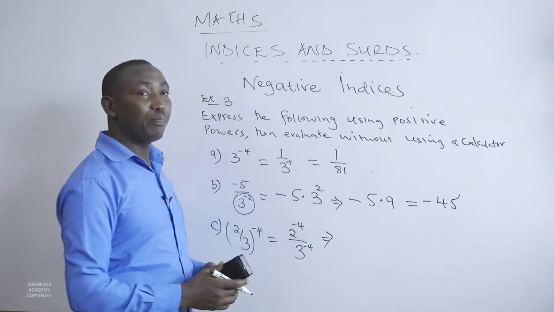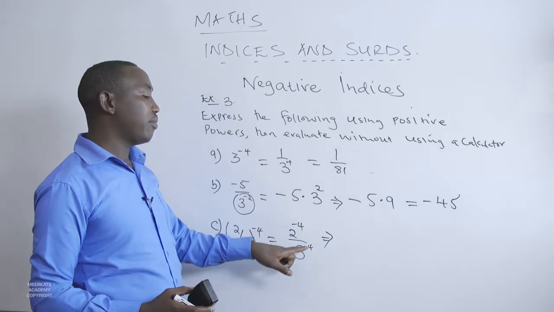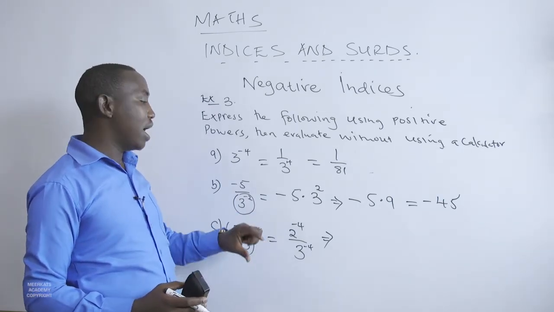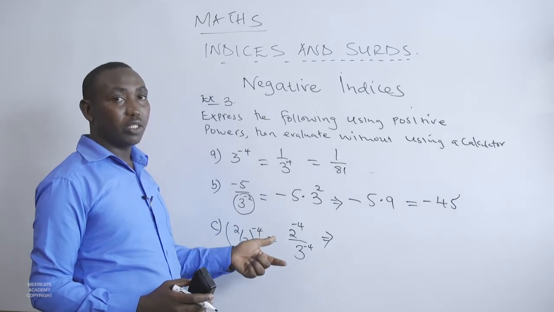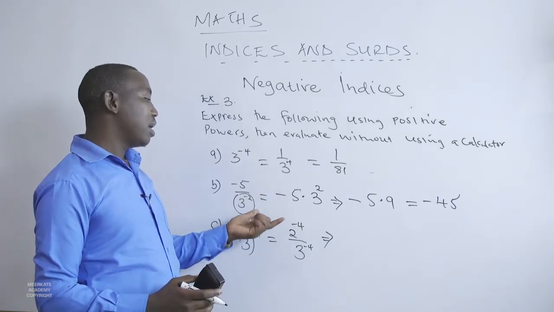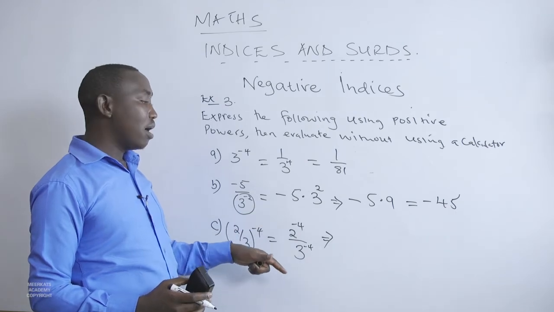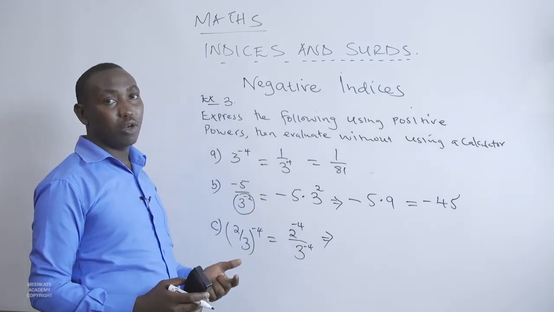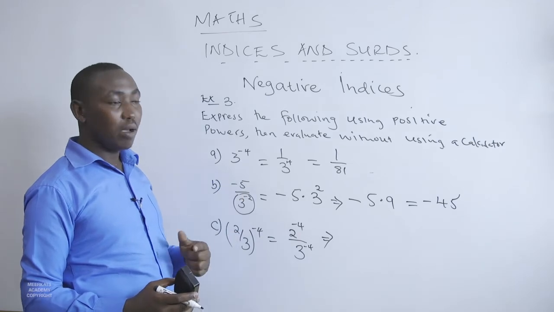The second step, we now need to rewrite this as positive indices. That means we take their reciprocal. When we take the reciprocal in this case, they are going to cross sides. 2 will go to the denominator with its power becoming positive. 3 will come to the numerator with its power becoming positive.